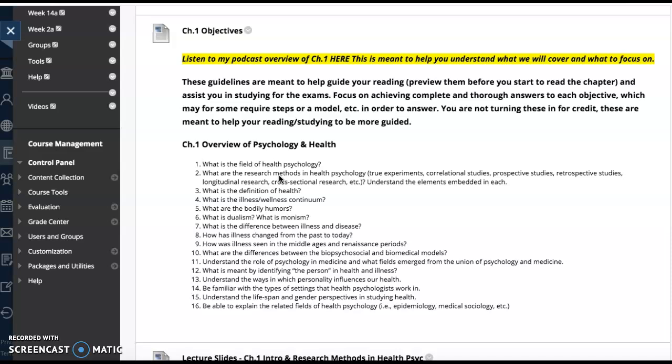So let's dive in and take a look at what you're going to be learning in Chapter 1. Really, it is an overview of the intersection between psychology and health. So it's really outlining the discipline, the sub area of health psychology within the APA, American Psychological Association.